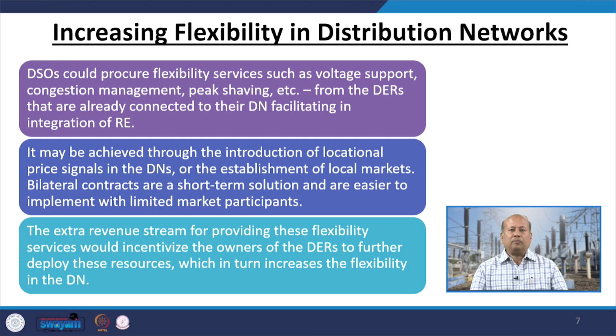Bilateral contracts are also a very good solution, because you can have your own PV parks and generate power if you have a good amount of land available. If you want to invest in the electricity market, you can have a bilateral contract with an industry which is 20 miles away or maybe 100 miles away from your location, so you can generate power at a particular point and get it back.